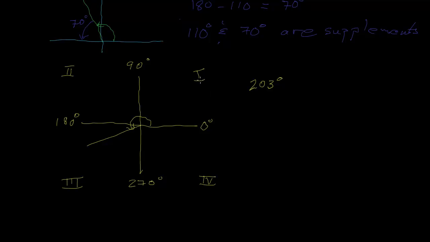I don't care if you call them 1, 2, 3, 4 with Arabic numerals, but by convention this is quadrant I, quadrant II, quadrant III, quadrant IV. 203 would be in quadrant III. A lot of times I'll use just Q3.